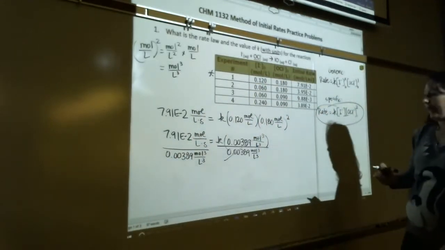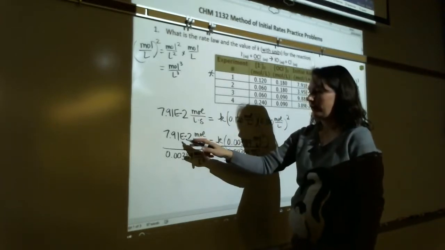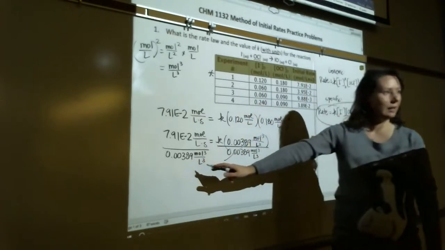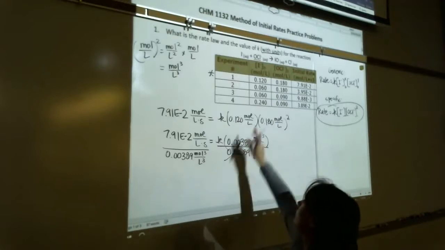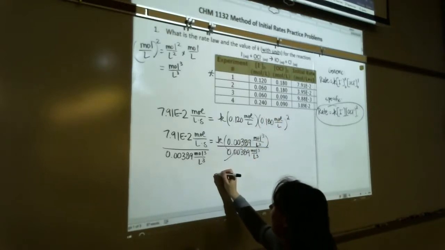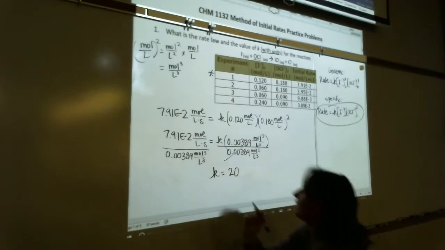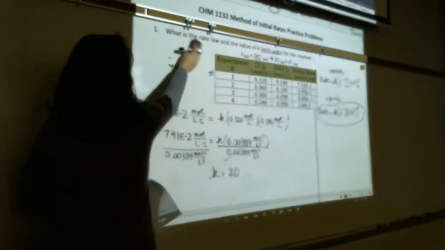Leaves me with K. So to get the math, 7.91 times 10 to the negative 2 divided by 0.00389, that's easy, right? So that gives me, rounding to 2 sig figs, 20 as my number. But let's figure out what my units are. Let's work off to the side here.